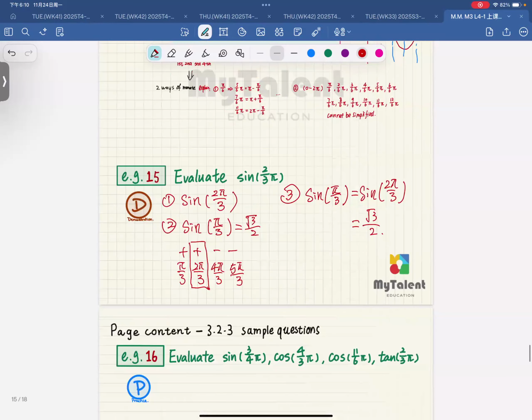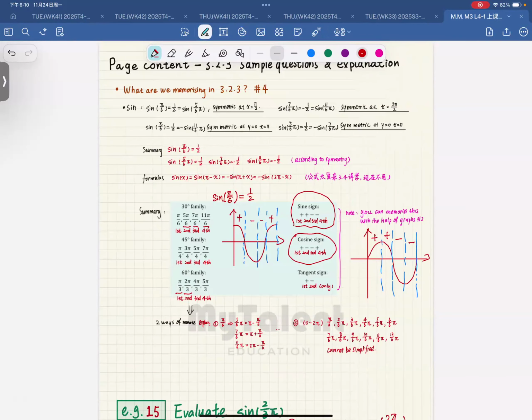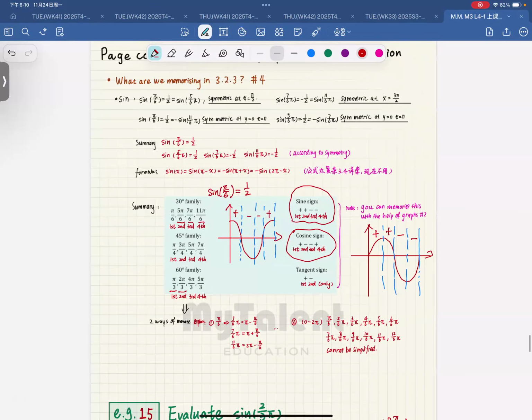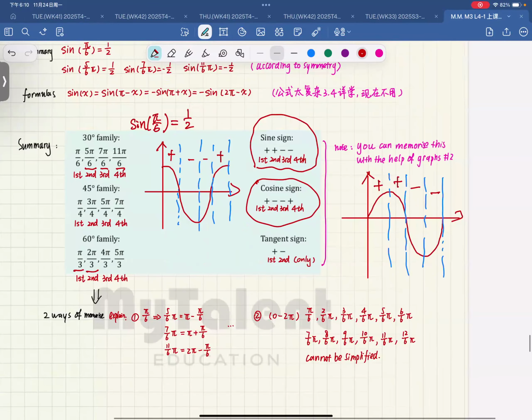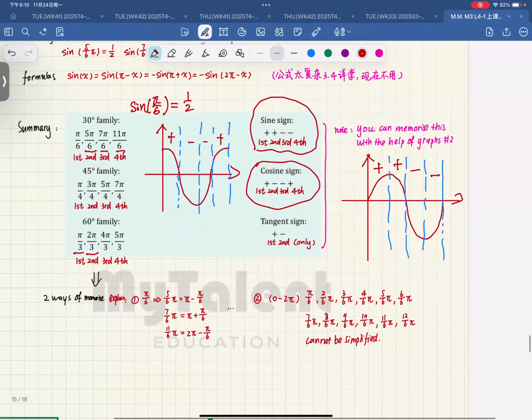Okay, the table is here. Don't worry about this.